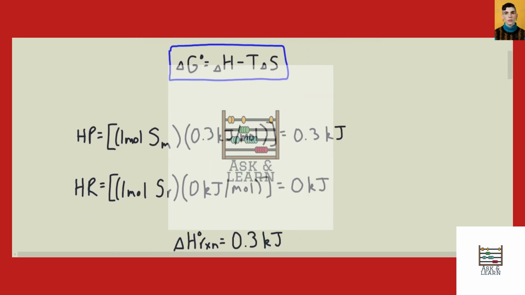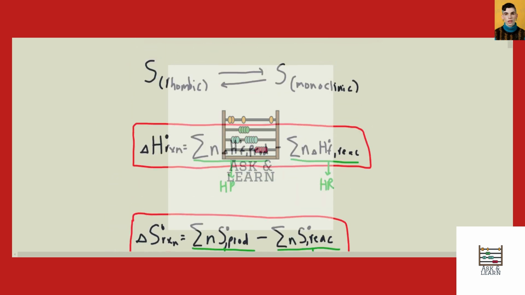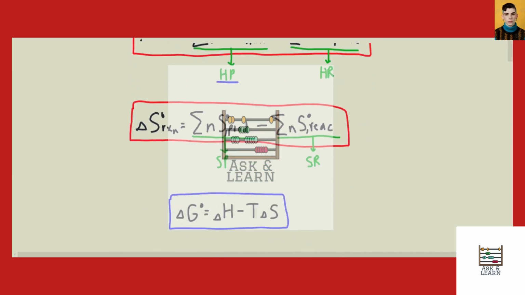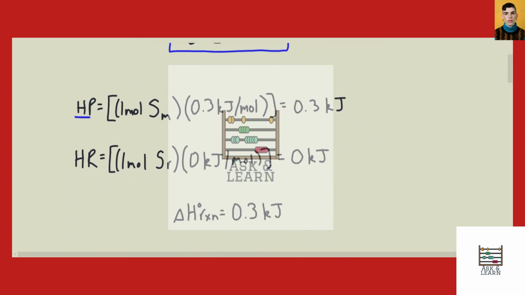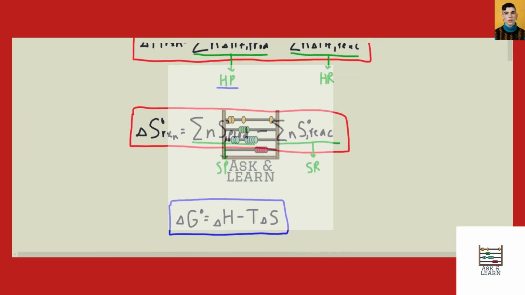We begin by finding delta H. We use this equation again in order to determine that, and we start with the total change in enthalpy of the products. We see the only product of this reversible chemical reaction is S monoclinic.